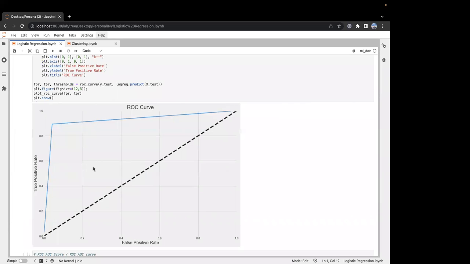A smaller curve means my true positive is not increasing much, but my false positive is increasing. Think about what the worst curve would look like, something like this: a straight line. With the increase in true positive, your false positive is also increasing equally, so its area will be 0. Obviously this would be very bad. Are you getting my point? Your true positive is not increasing at all and false positive keeps increasing; this never really happens. So your line will always be above this line.